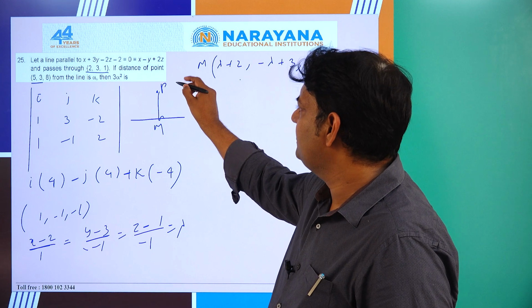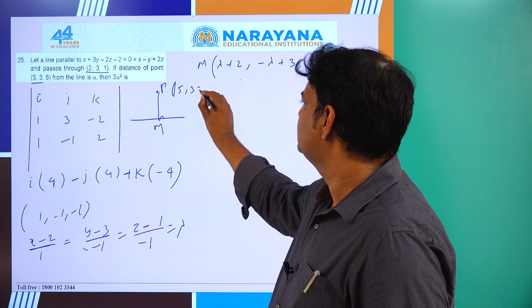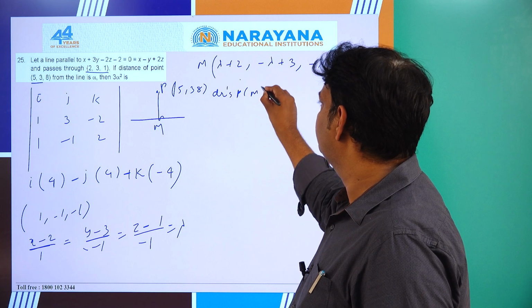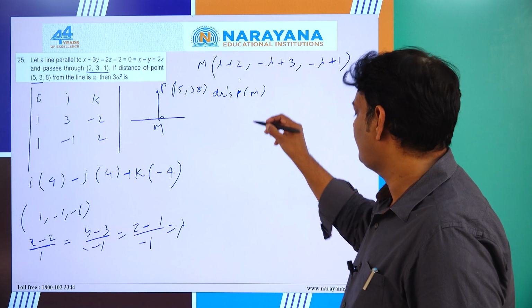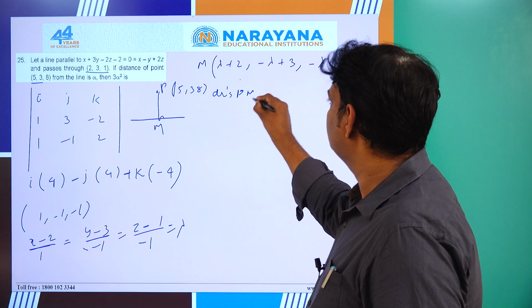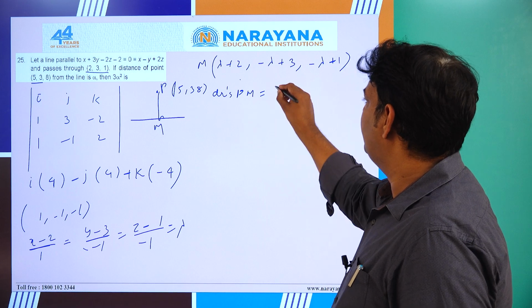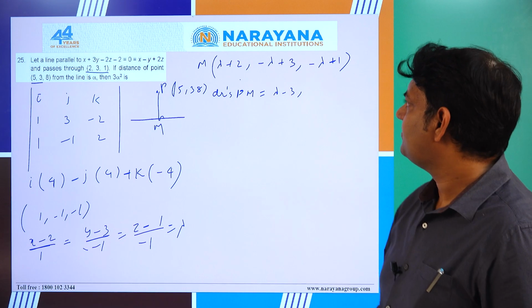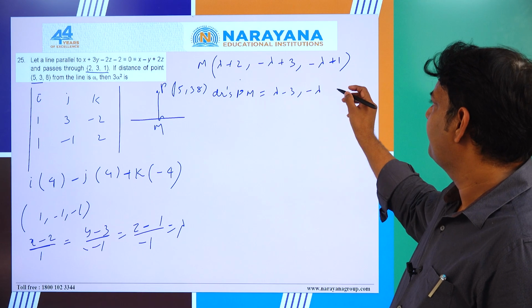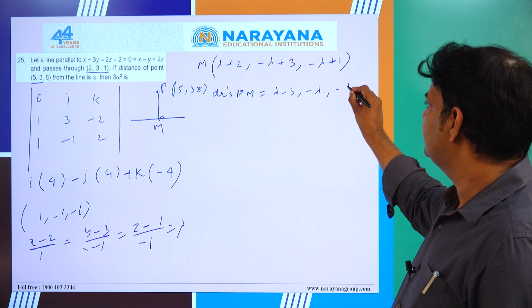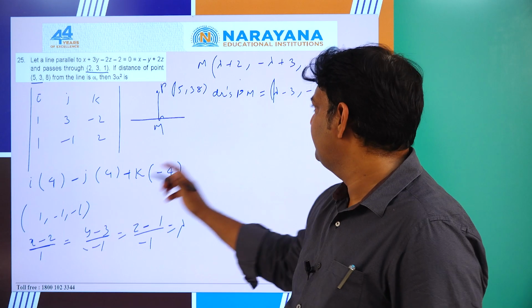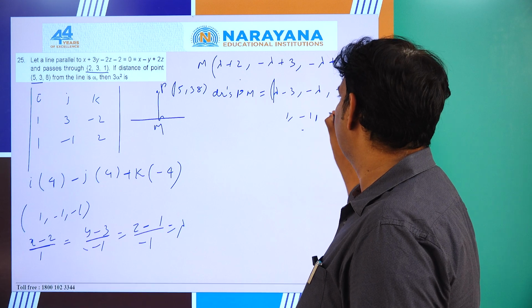And what is the point P you have? (5, 3, 8). So the DRs of PM are (lambda - 3, -lambda, -lambda - 7). And what are the DRs of the line we got? 1, -1, -1.